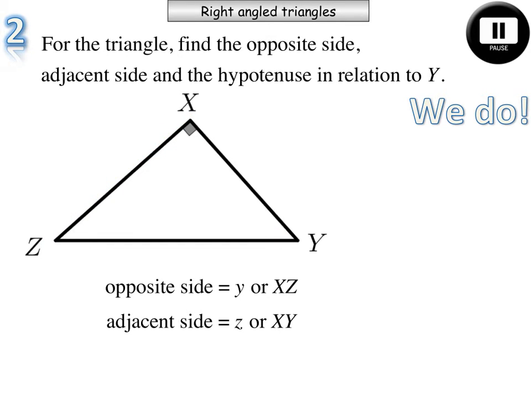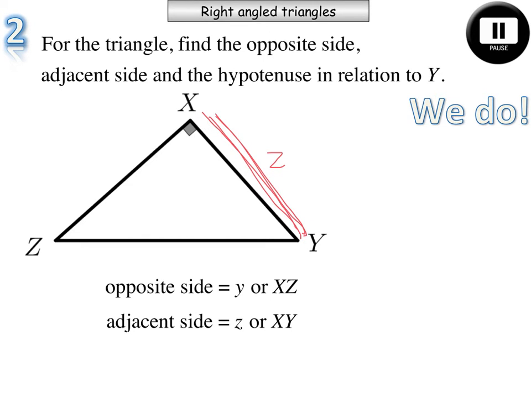The adjacent side is going to be equal to little z, because opposite that big Z is that little z, or we could call it xy by its vertices.